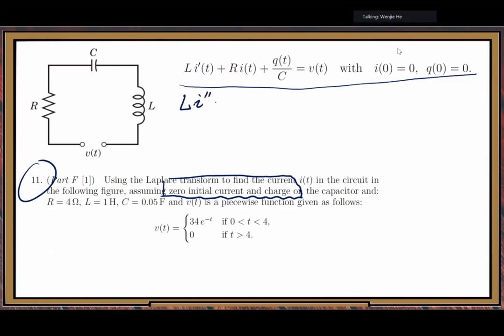I double prime of t plus I prime of t plus I of t over c equals v prime of t. Then the problem occurs at the initial values.